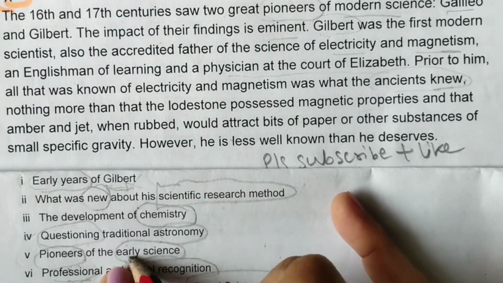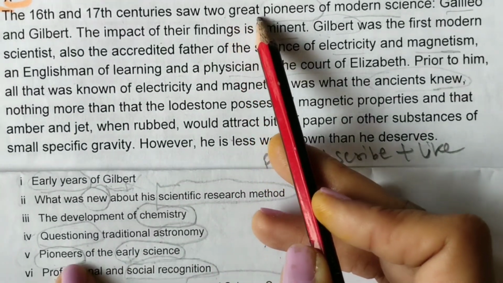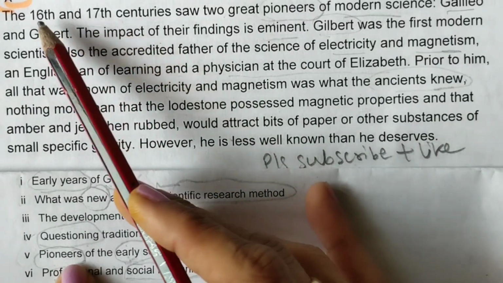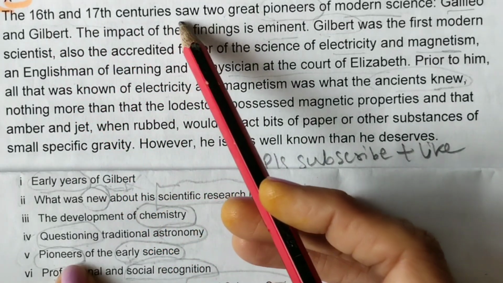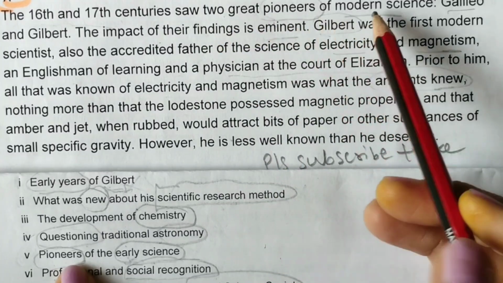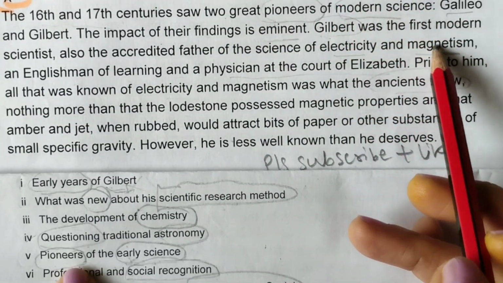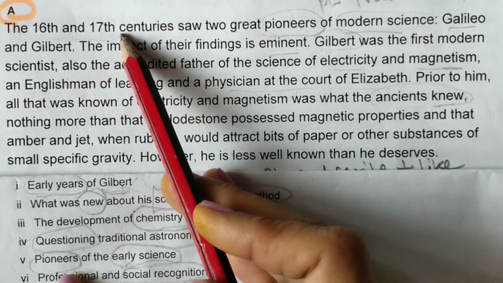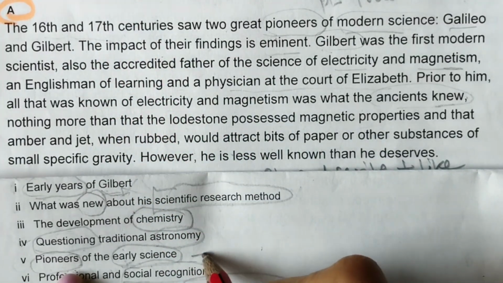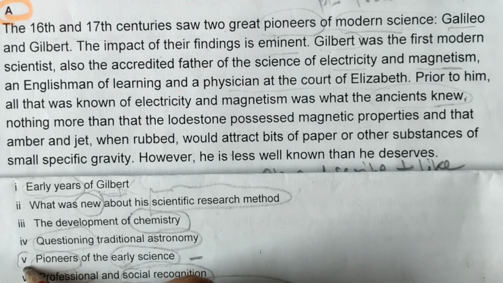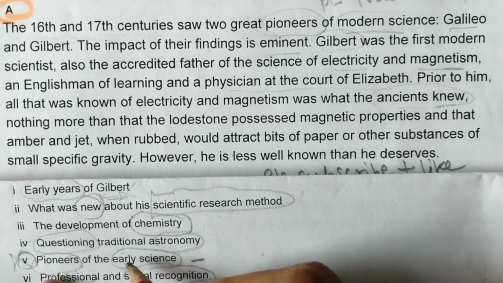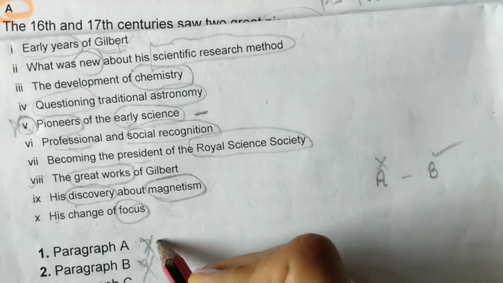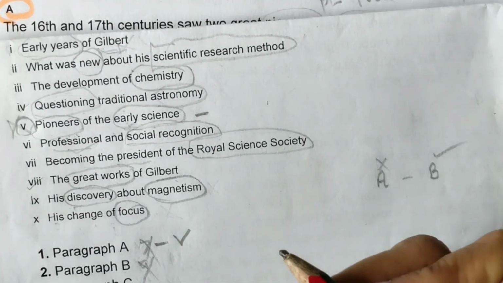Here they have given the time, centuries, the 16th and 17th century saw two great pioneers. At that time it was modern science, but still they are talking about these two centuries. So that's why it will be the answer. So I will select number 5 for paragraph A, or you can cut it from your list.